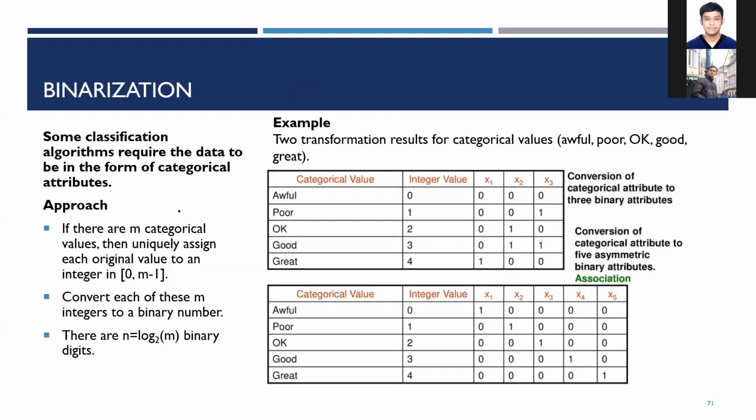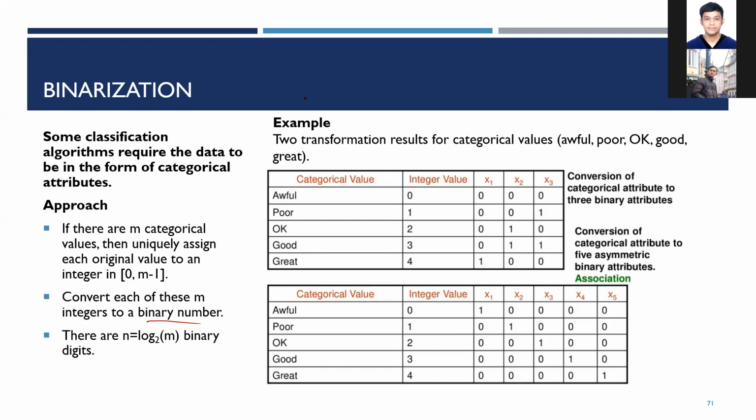Now binarization. For some classification algorithms, usually it requires data to be in the form of categorical attributes. Or maybe we have a categorical value already, but the algorithm needs it to be binary.